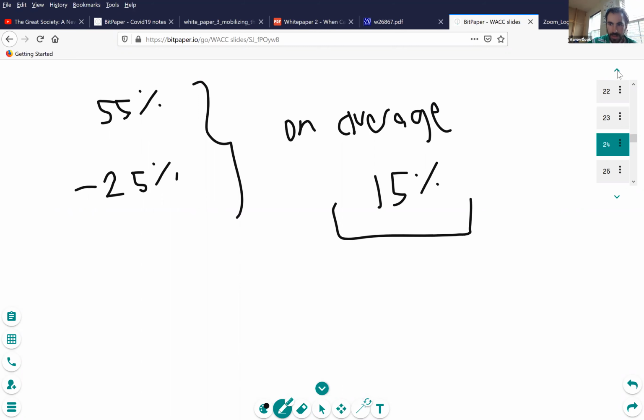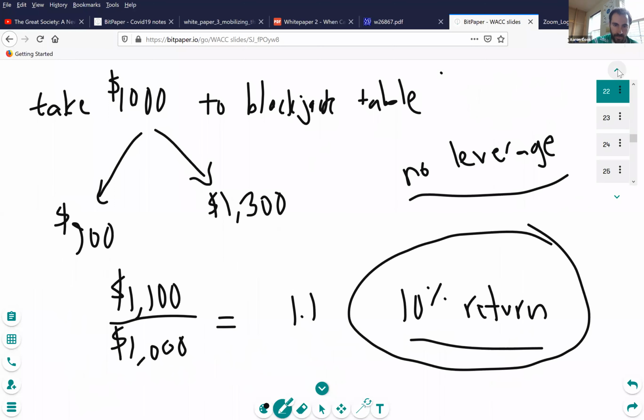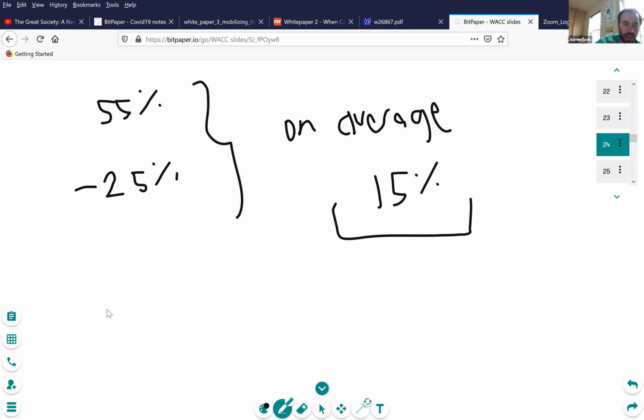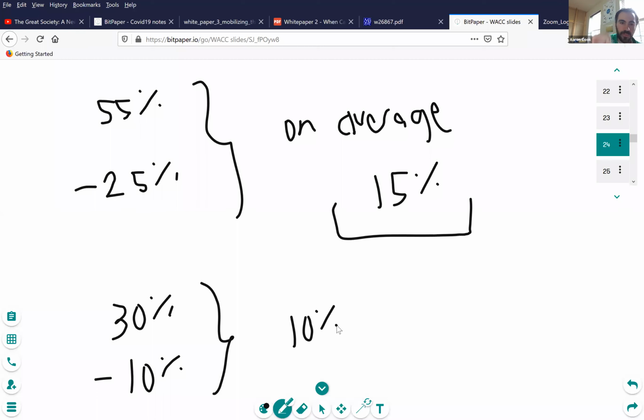The equivalent values in the other case were a 30% gain in the upside, and a 10% loss in the downside. So if you compare these, by levering up, by borrowing, we have a 10% return on average.